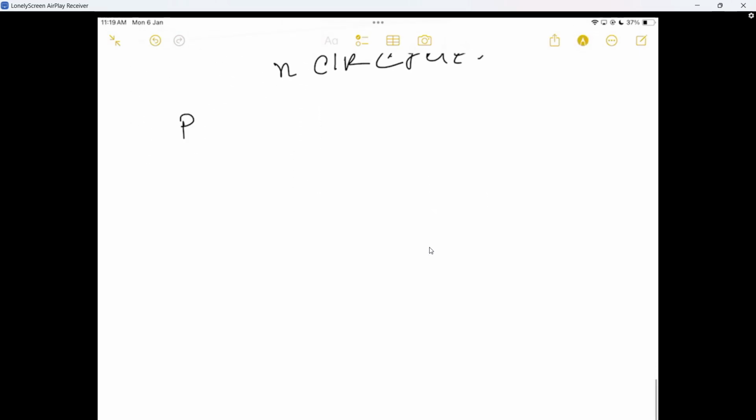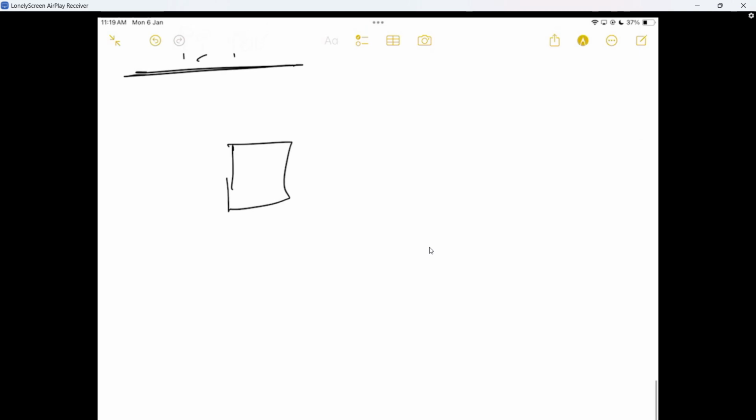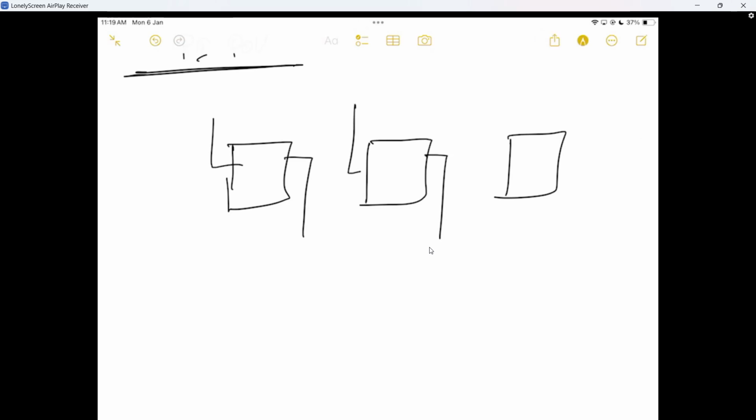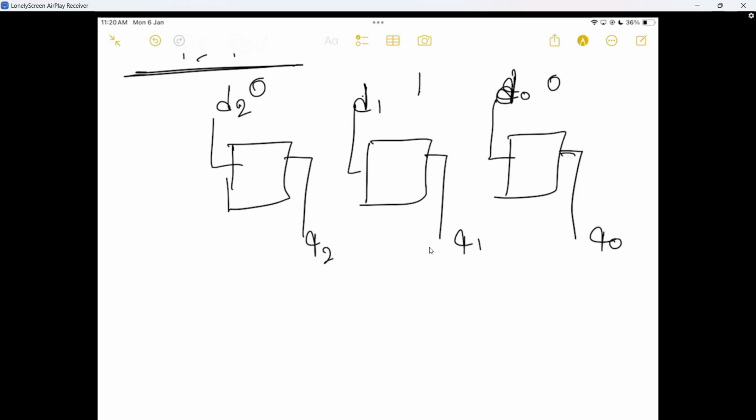Now is parallel in, parallel out. Again, we take 3 flip-flops. Parallel in, parallel out, like this. Here are D naught, D1 and D2, and here Q2, Q1, Q naught. Previously we assume the data was 0, 1, 0.